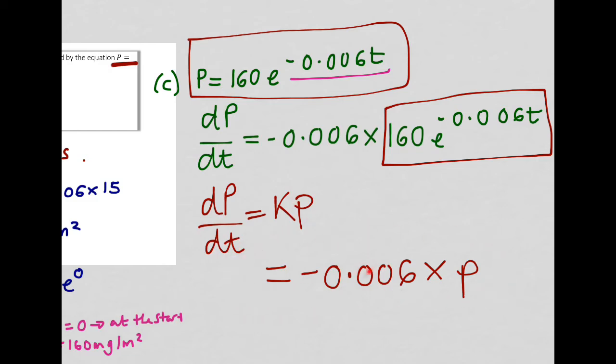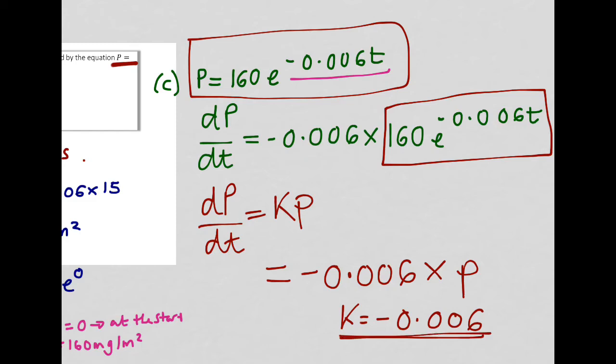Now, if I compare these two, what's my value of k? Well, k is equal to negative 0.006. So k is just the differential of the exponent. And that answers, I believe, part C.